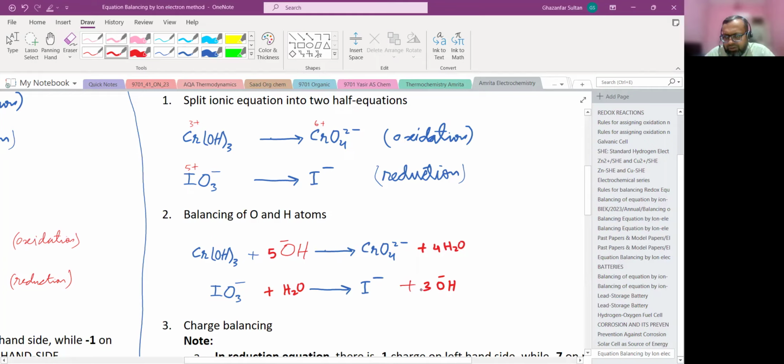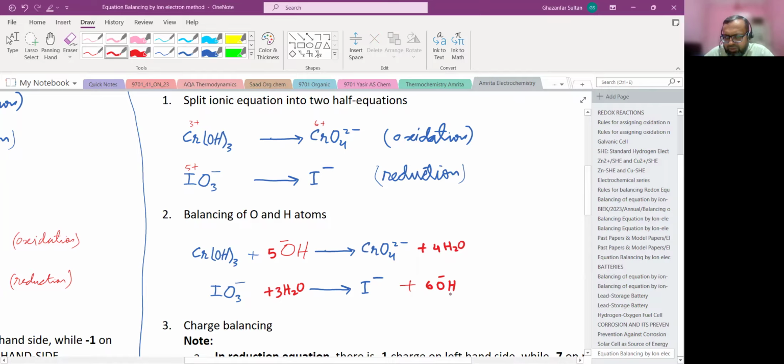Definitely, it cannot be 3 water molecules, because 3 water molecules means 3 twos are 6. So the other way to balance the hydrogen, if there are 3, there must be double of this. So if double is 6 hydroxide, there should be 3 water molecules.